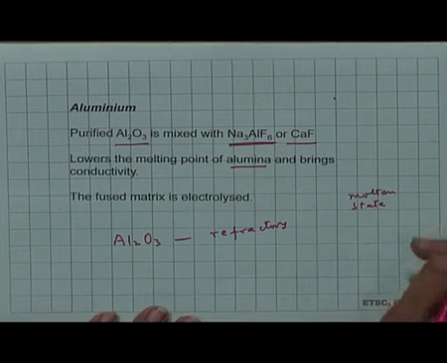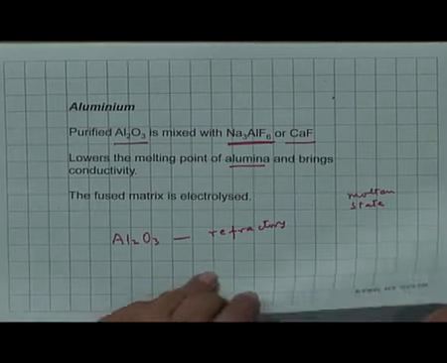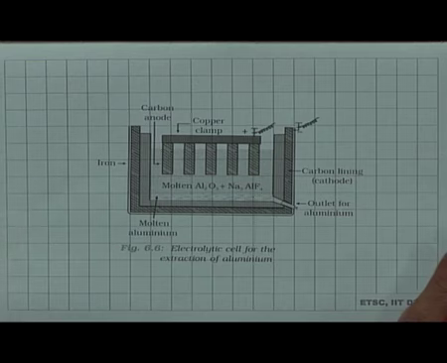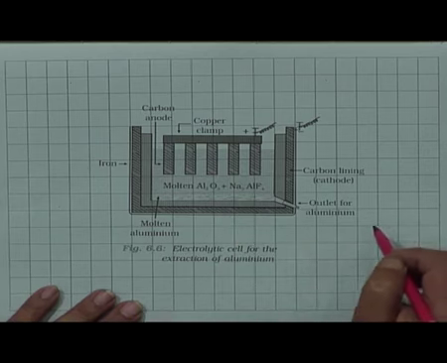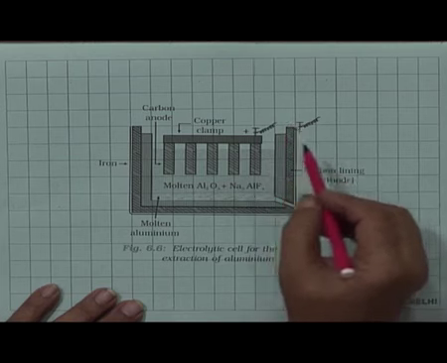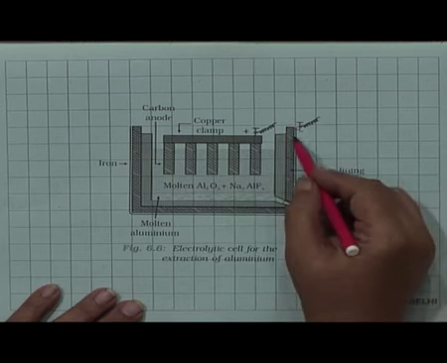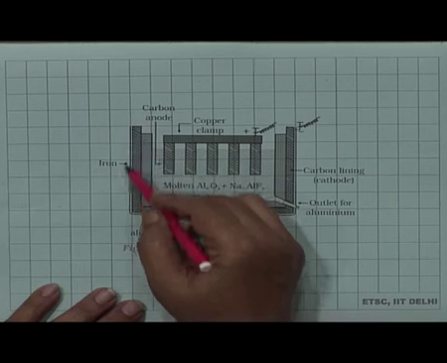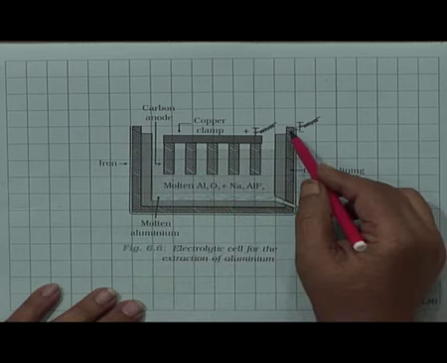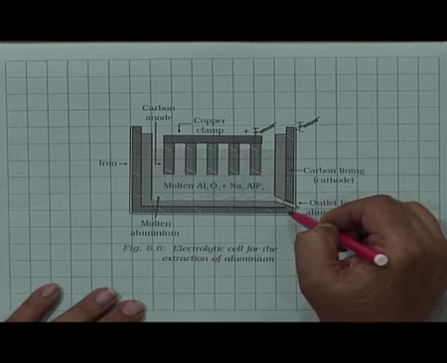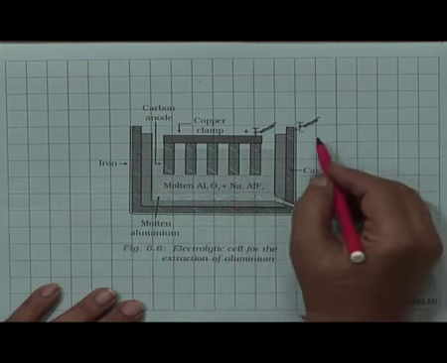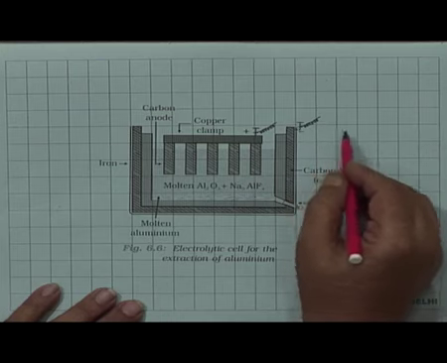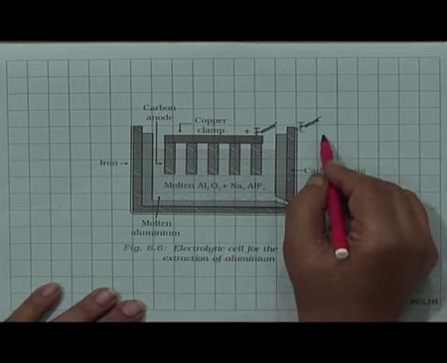Now, this fused matrix is electrolyzed. How is electrolysis carried out? This is carried out in a cell. The diagram of the cell is shown. It has a steel container with a carbon lining, and this acts as the cathode.